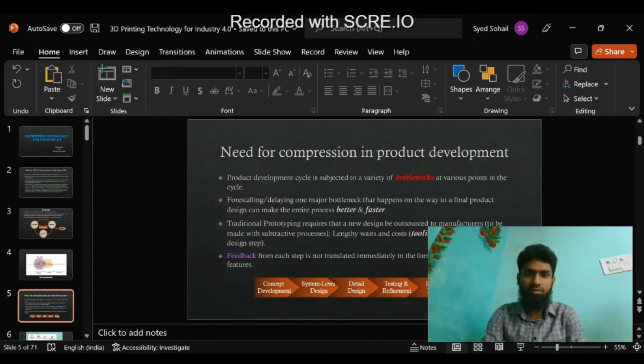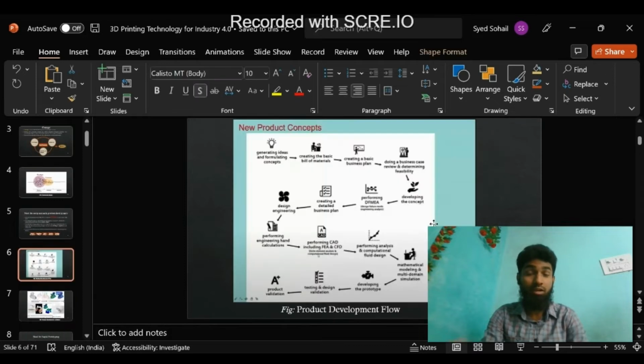So this is the general product development flow. As I told you, we'll have different bottlenecks at these steps. These are the steps where we'll have bottlenecks. You have the generation of ideas, the basic bill of materials you'll create based on whatever concept you have done, the basic business plan, how it is going to survive, and the economics of it, and then doing a business case review for determining the feasibility, whether it is feasible to produce in so and so amount, and then can we make profit out of it, or is it feasible in that sense.